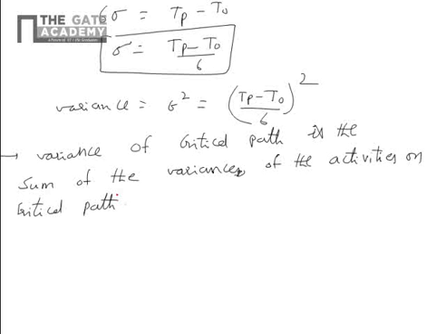What is critical path? The path which consumes maximum time in a project is called the critical path. Whenever any activity in that path is delayed, the total project will be delayed.